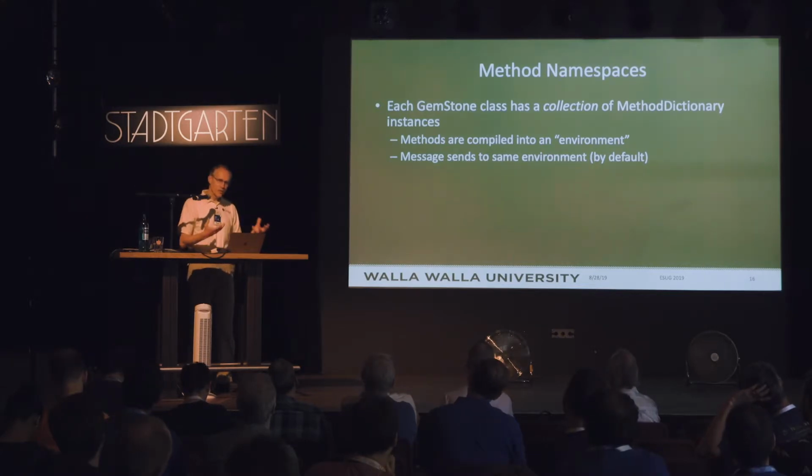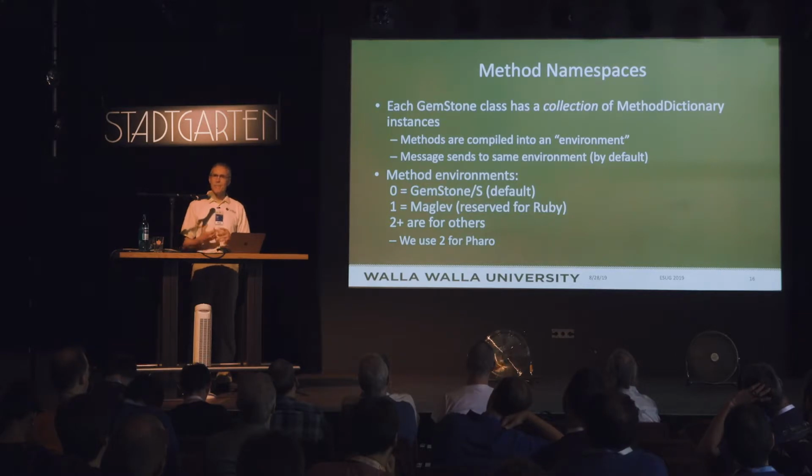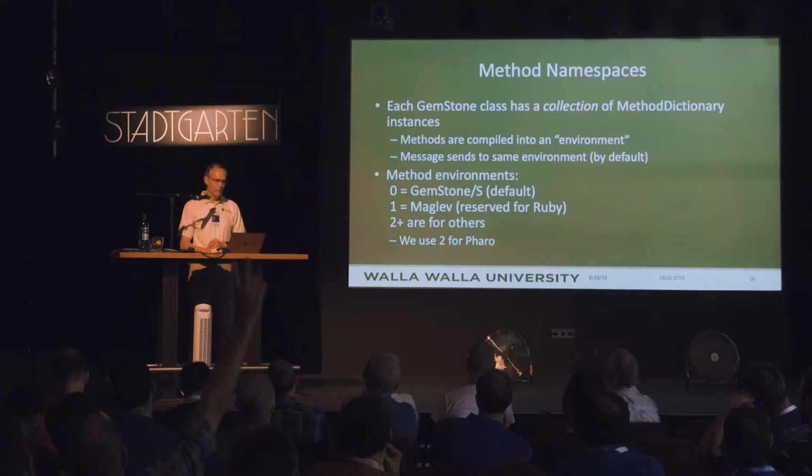By default, it's going to use the GemStone method dictionary, and the default case is 0. This feature was actually put into GemStone some years ago to support Ruby for something called MagLev. And so environment 1 is reserved for MagLev, but 2 on are available. So I'm using environment 2 in my work for Pharo.